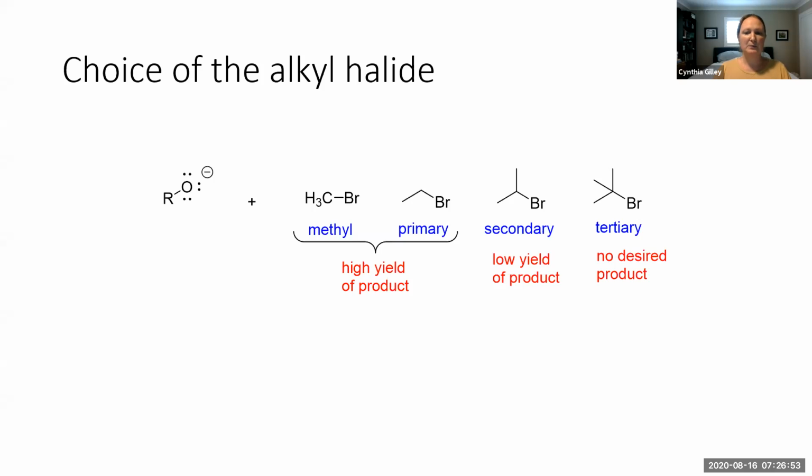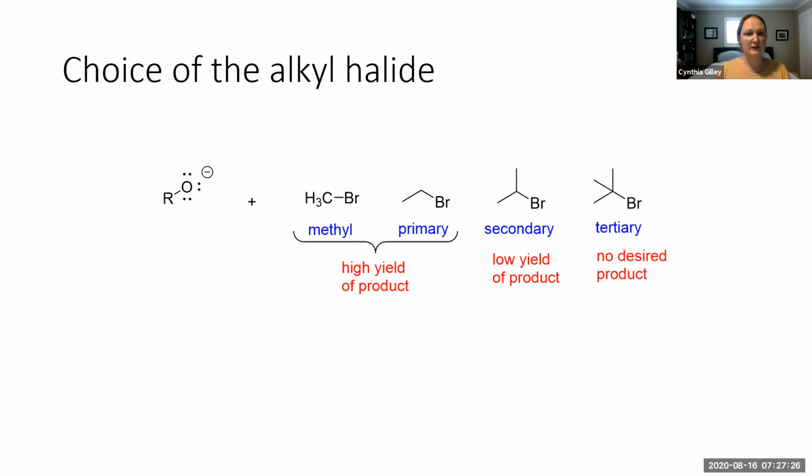As you move to potentially a secondary alkyl halide, you're going to increase the amount of elimination product, and it will actually outcompete substitution, and elimination will be the major pathway, E2 to be more specific. So that means you're going to get a low yield of the SN2 product, which is the desired ether product. As you move to a tertiary alkyl halide, the reaction will not progress at all in terms of an SN2 reaction to produce the desired product.